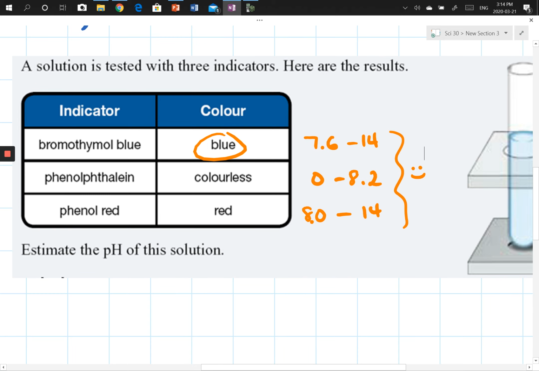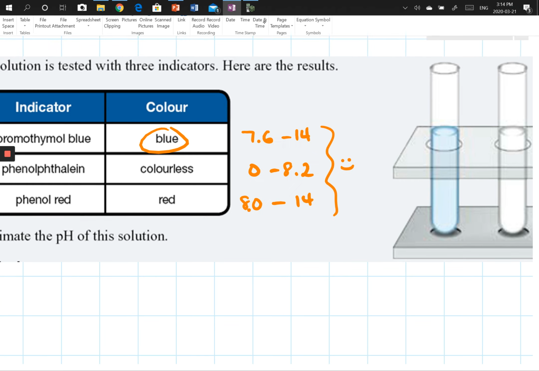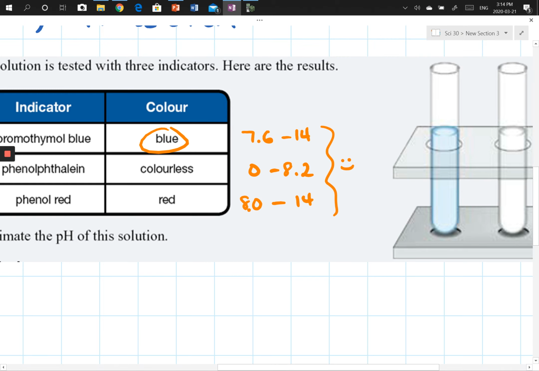There are a couple of different ways we can do that. The easiest way for me is to look at the low side of these and pick the highest one, then go on the high side of these and pick the lowest one, which is 8.2.